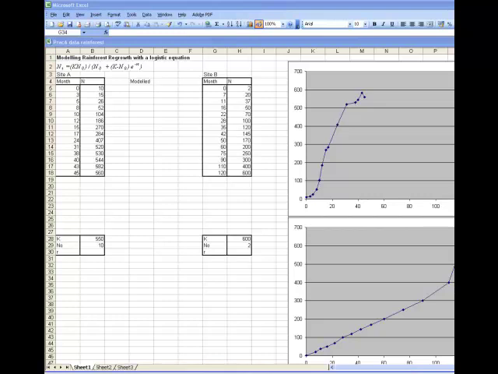That was a model in which the rate of growth depended solely on the population size. So the differential equation for that was dN/dt equals little r times N. The integrated form of that equation for exponential growth was N at time t equals N0 times e to the rt. And the logistic form of that is as drawn on here.